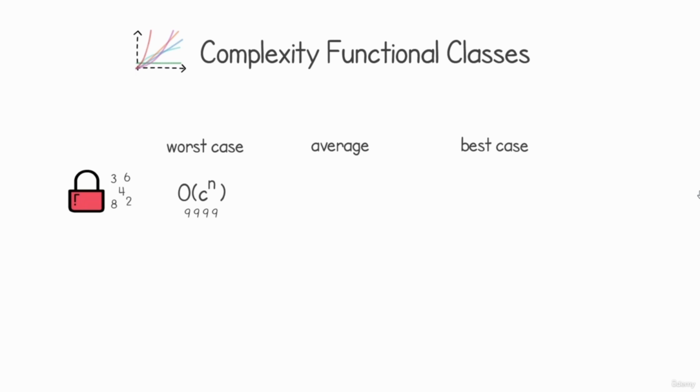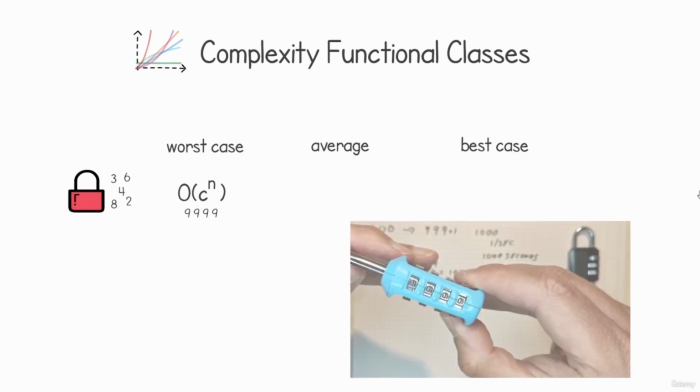The worst case happens when the code is set to the last number of our combination. For example, if we had 4 dials, the worst case is when we get to the very end, the 9999, because we need to go through every single combination before we crack open this padlock.